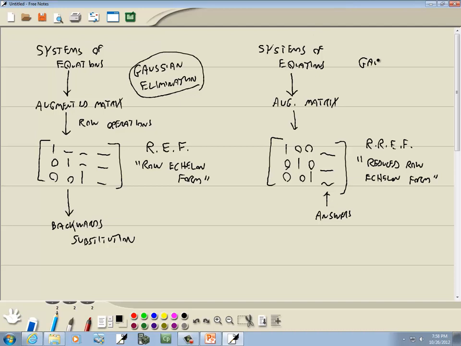This one is Gauss-Jordan elimination. So remember, REF: diagonal 1, 0s below it. RREF: diagonal 1, 0s below it, 0s above them. And then the answers will just be there. Then our third method is a calculator, which we'll look at.